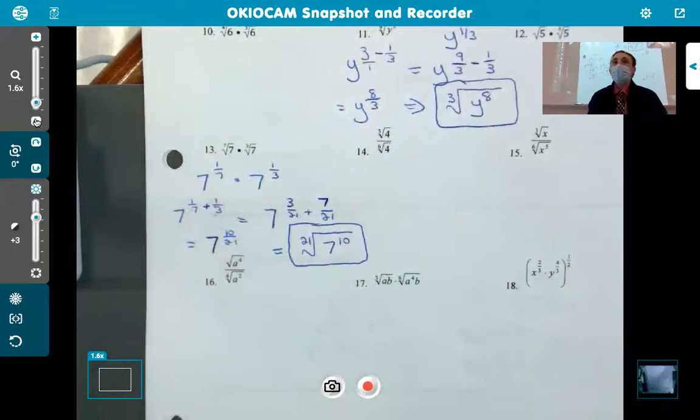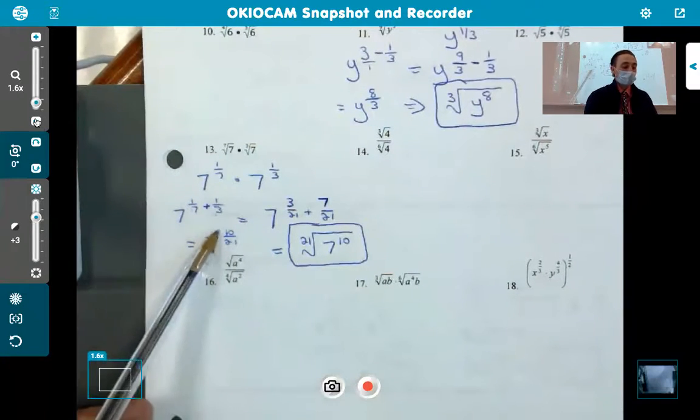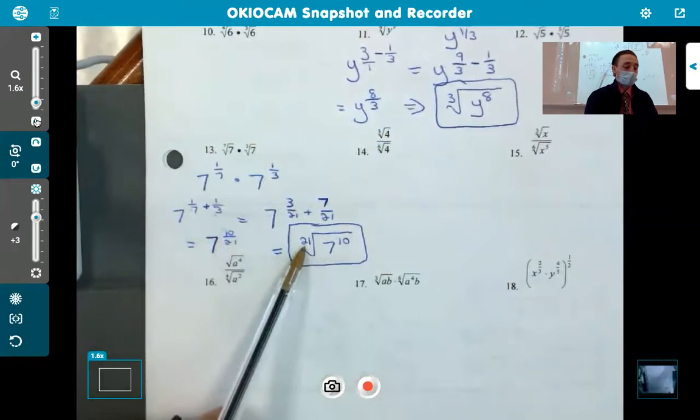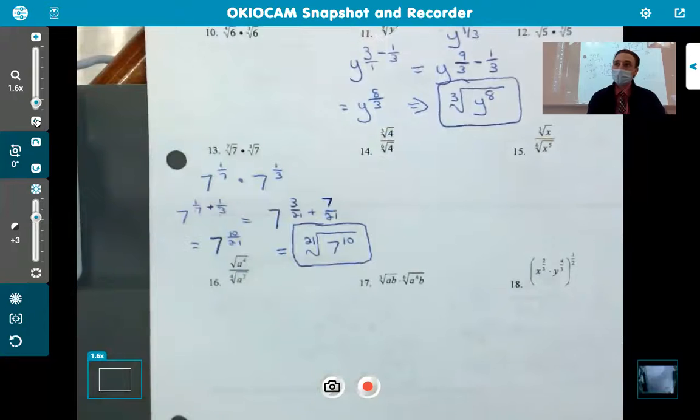Denominator is your index. So numerator 10 is the power. My apologies, denominator 21 is the index, the number that goes on the outside. Same thing every time. We went over that at the beginning when we were rewriting between the different forms, from exponential to power to radical and vice versa. Are there any questions about number 13?